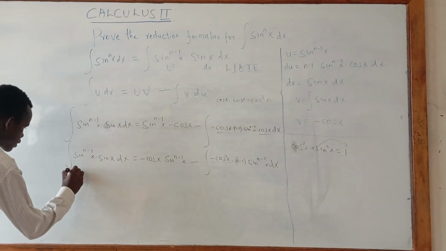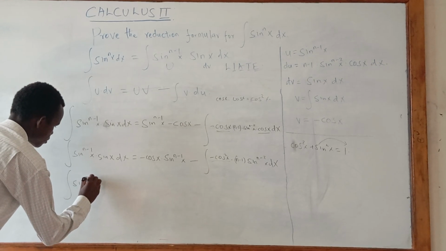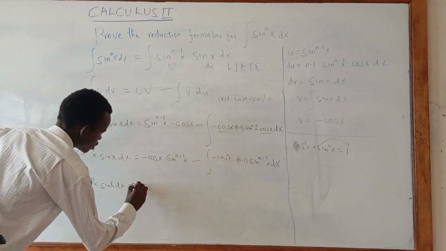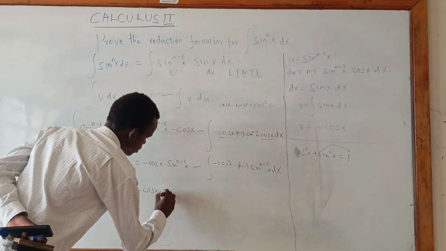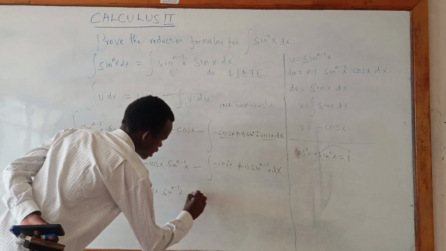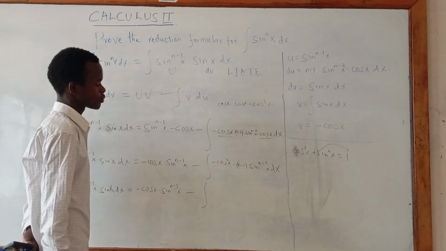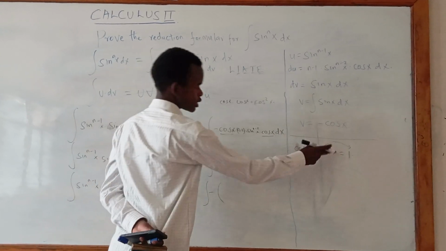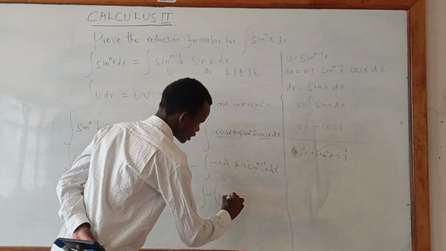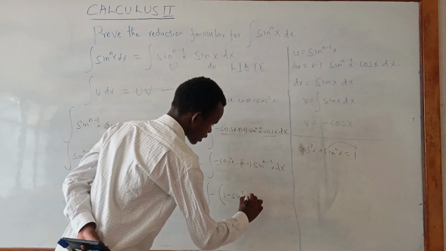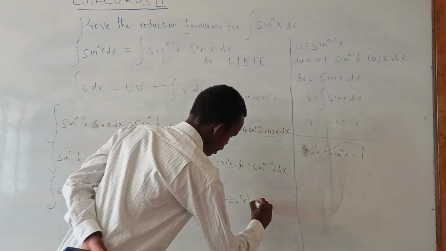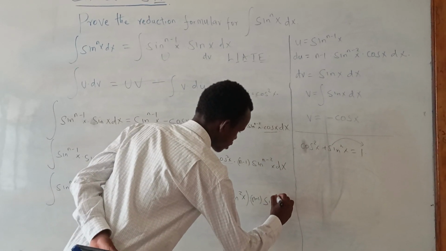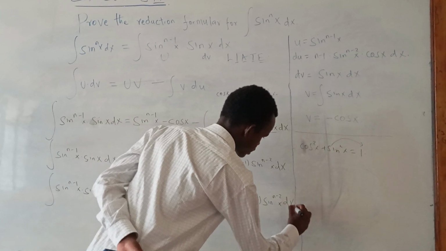So let us write the integral of sine to the n minus 1 of x multiplied by sine of x dx equals negative cos of x multiplied by sine to the n minus 1 of x minus the integral of negative, where cos squared of x is 1 minus sine squared of x, multiplied by n minus 1 multiplied by sine to the n minus 2 of x dx.